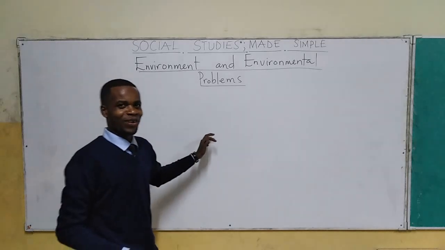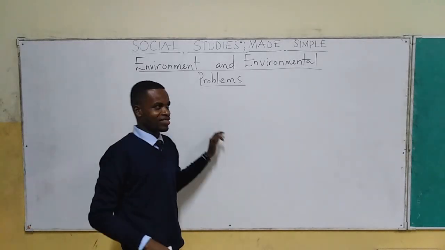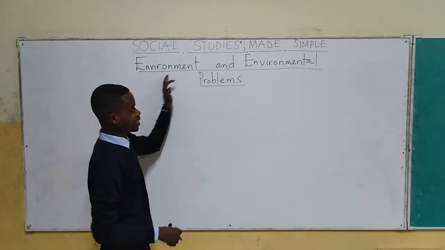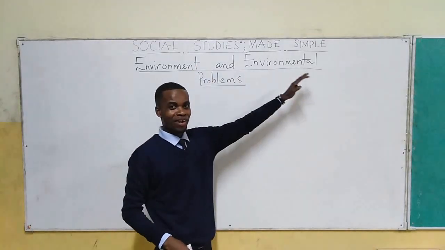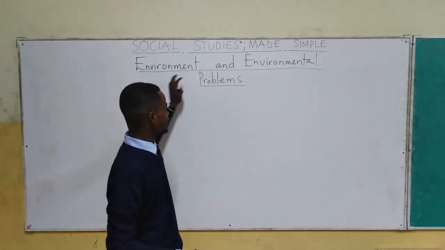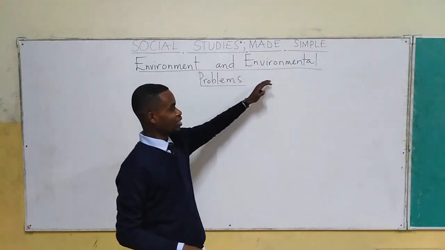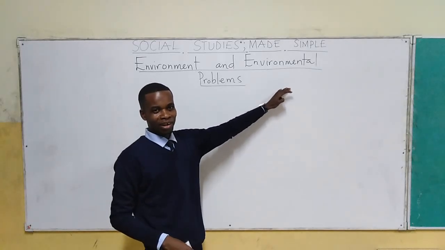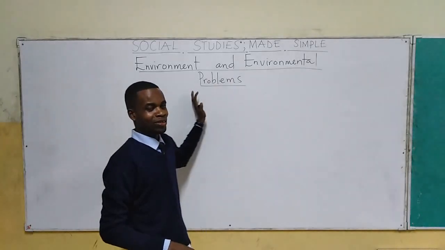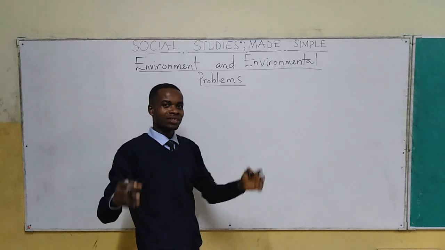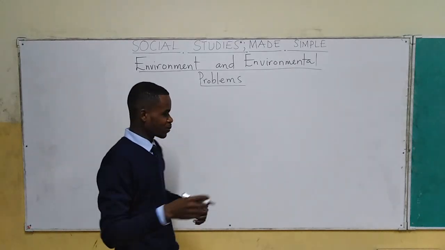Environment and environmental problems. Good. We'll start with the meaning of environment. What environment means. Man is concerned about his environment, and we need to understand what the environment entails or consists of.